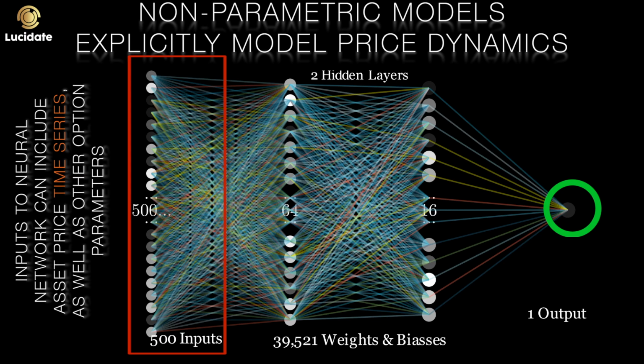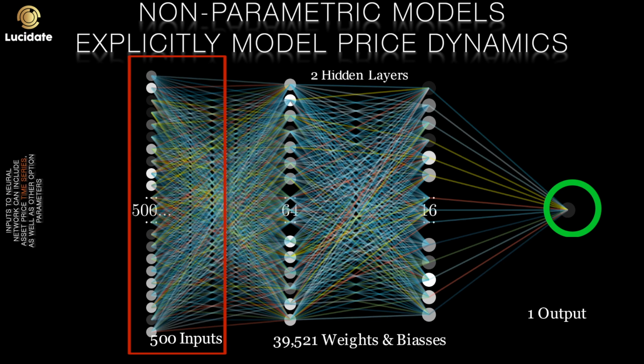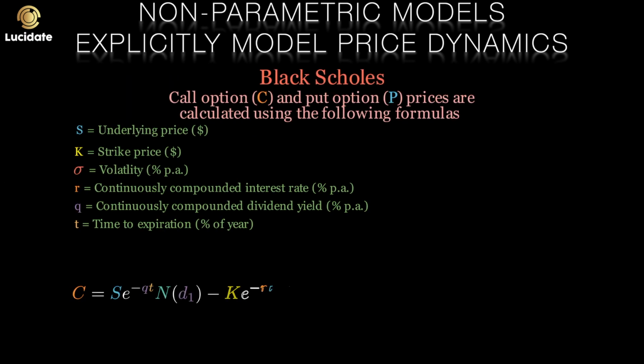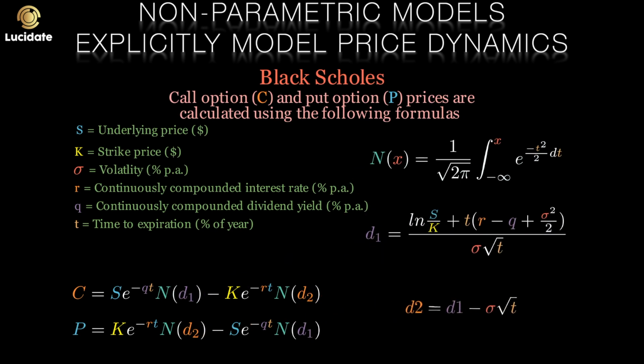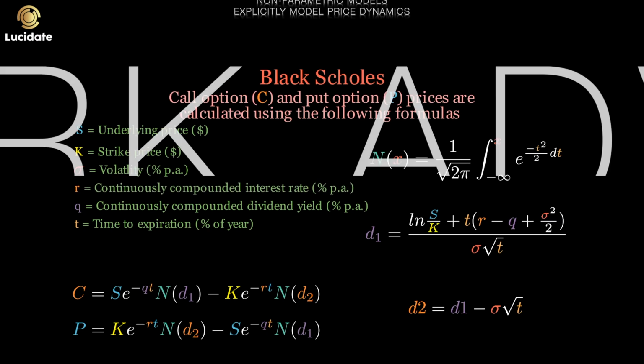Thus, the neural network learns the mapping between the observable inputs to the model and the market price of derivatives. It becomes the model, but it's not subject to some of the assumptions in the analytic models, namely the assumptions of prices being log normally distributed or fixed interest rates over the term of the option. They're also adaptive to structural market changes, such as liquidity, in a way that classical closed-form solutions are not.